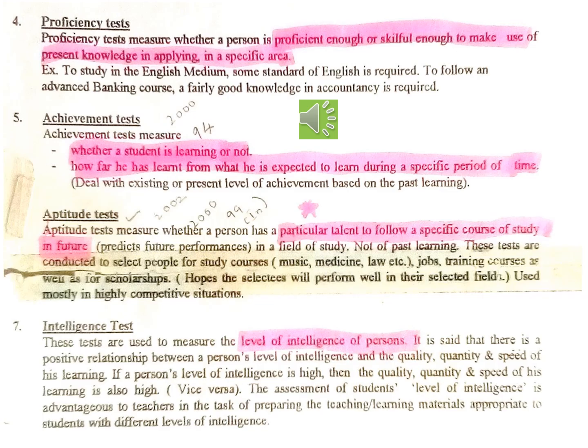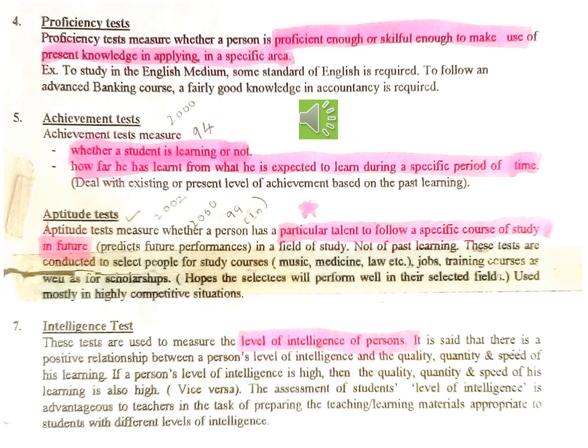The training courses as for scholarships. Hopes the selectees will perform well in their selected fields. Used mostly in highly competitive situations. Underline that also. Highly competitive situations. Aptitude tests are used.